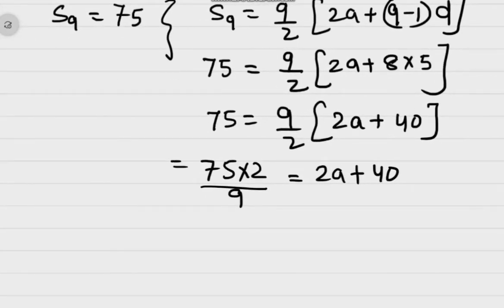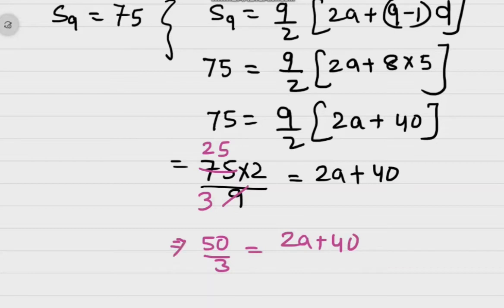See, we can cancel here. This can be cancelled by 3. 3 3s are 9 and here 3 2s are 6. 15, so 3 5s are 15. So this becomes 25 into 2, that is equal to 50 by 3. 50 by 3 will be equal to 2A plus 40.